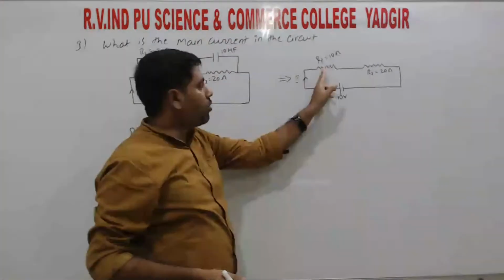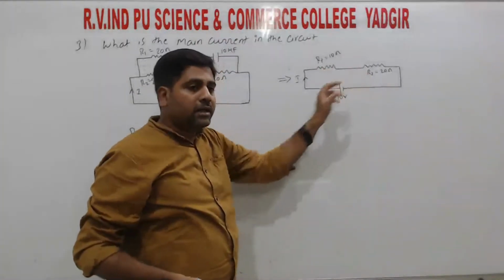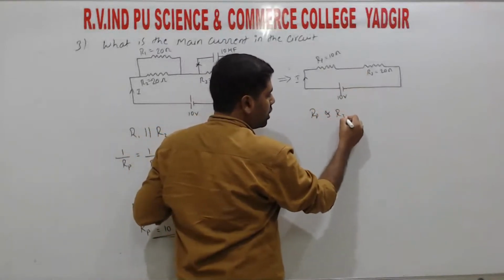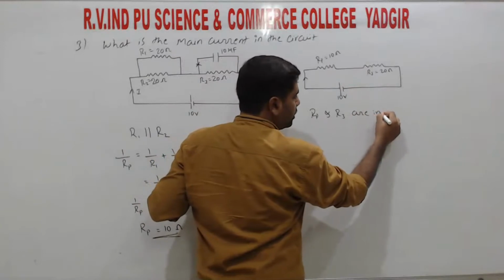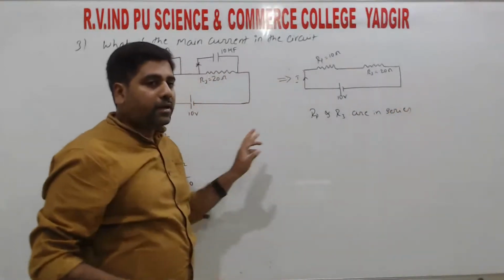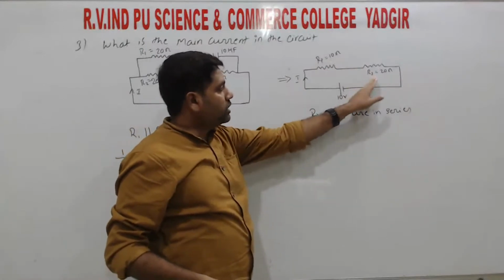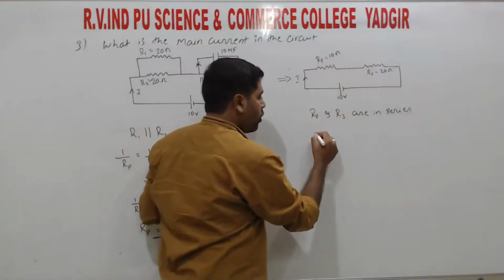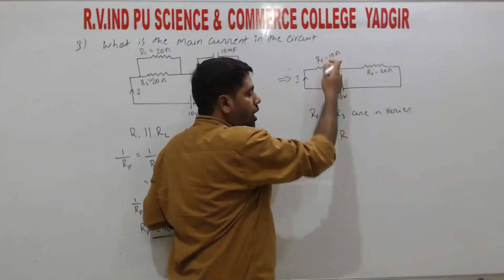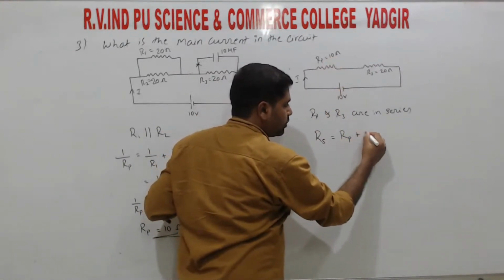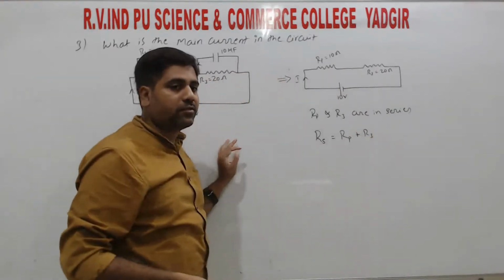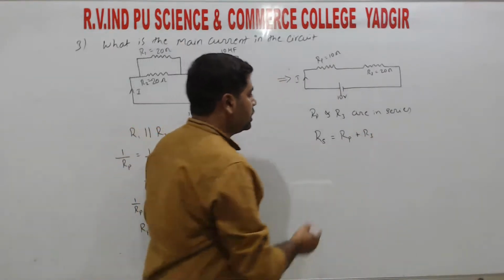Now observe that Rp and R3 are in series. To find the equivalent resistance of these two resistors which are in series, we have the formula Rs equals Rp plus R3. The sum of two resistances gives the equivalent resistance in series.